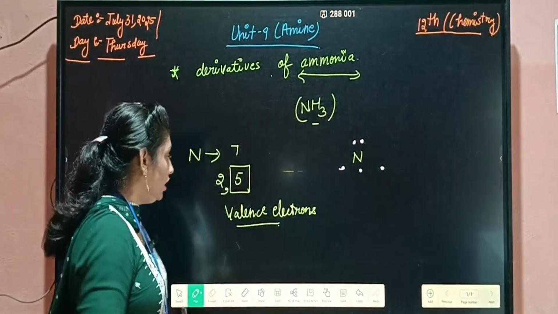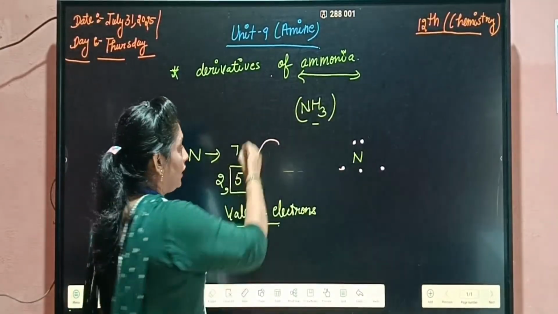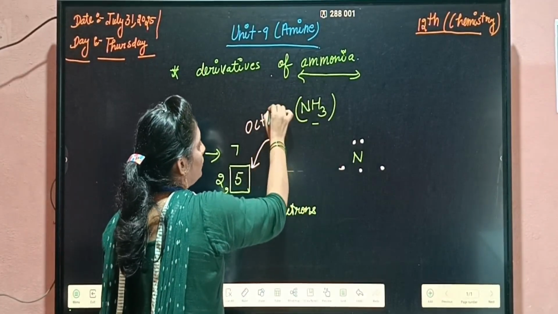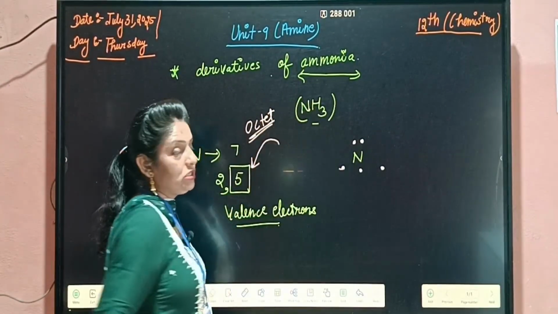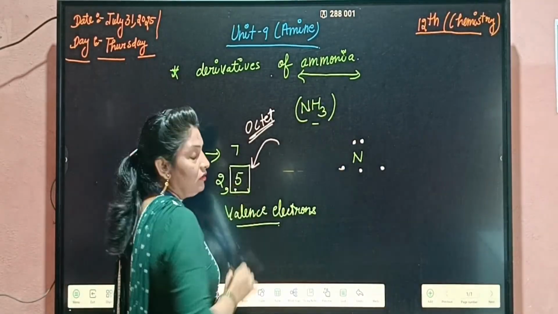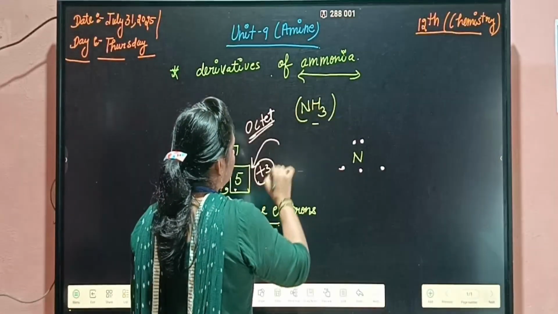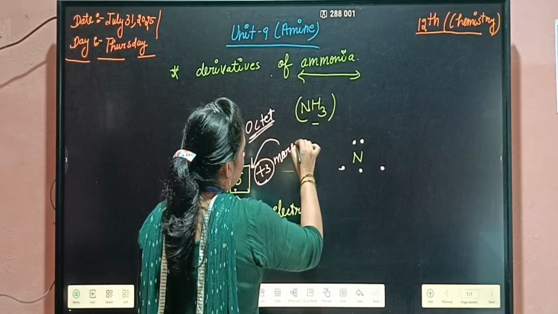For completing its octet, octet means there should be 8 electrons in the outermost shell, in the valence shell. But there are only 5, so it needs 3 more electrons.